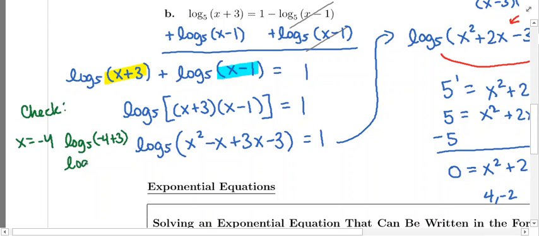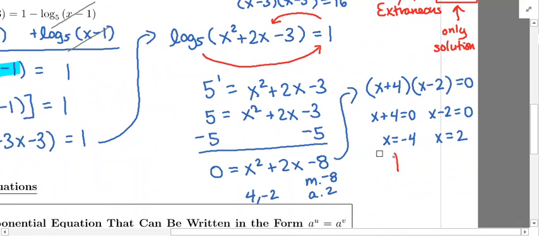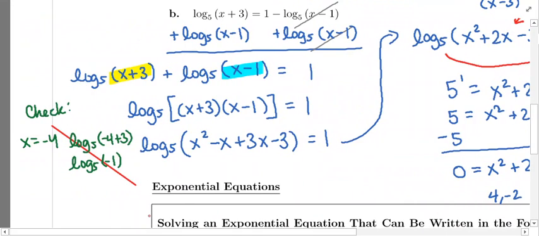That's log base 5 of negative 1. Absolutely doesn't work. You're taking the logarithm of a negative number. So you're going to have to throw this out. This is extraneous. So I've got to get rid of this solution. Doesn't work.